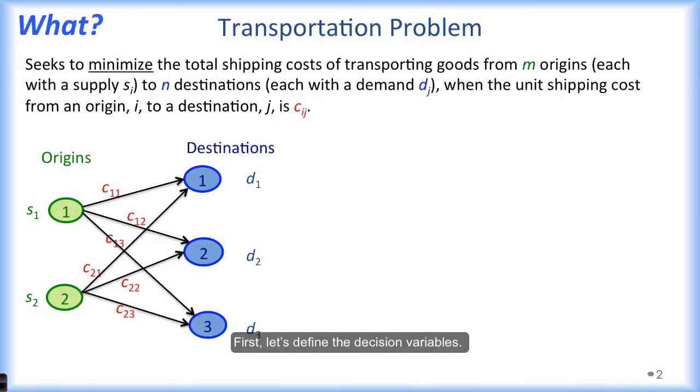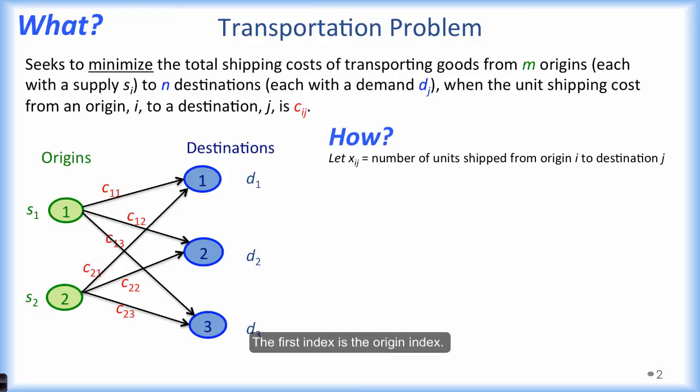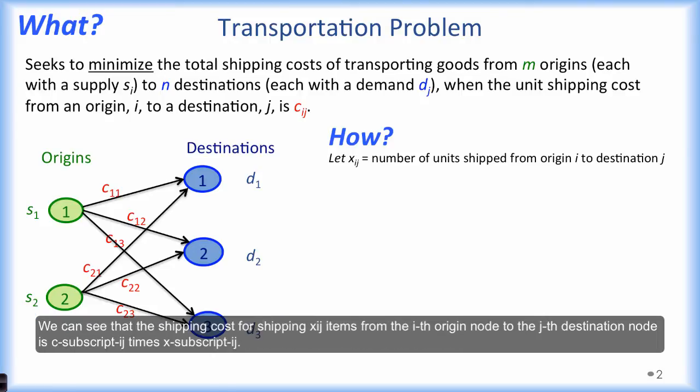So let's first define the decision variables. We first let X subscript ij represent the number of units to be shipped from origin I to destination J. As you can see, the first index is the origin index, and the second index is the destination index.